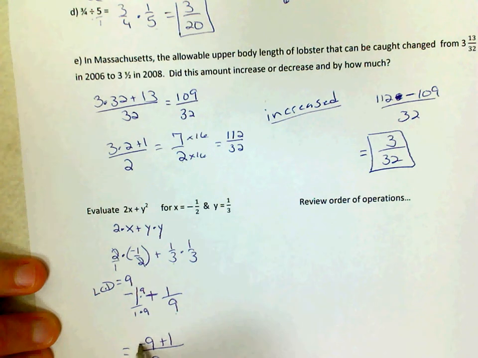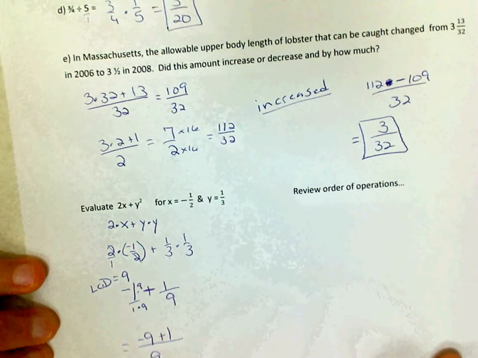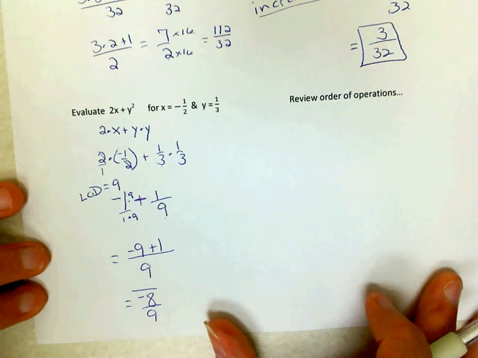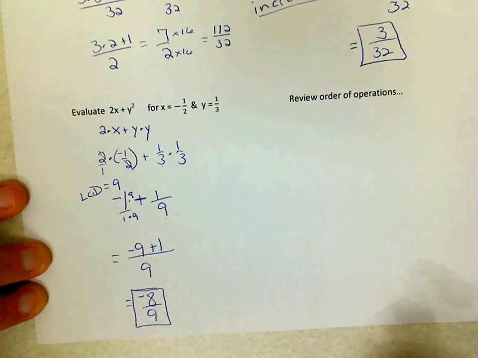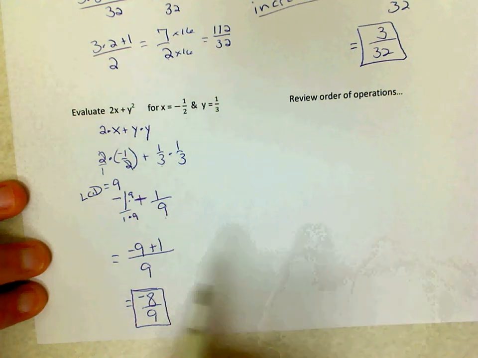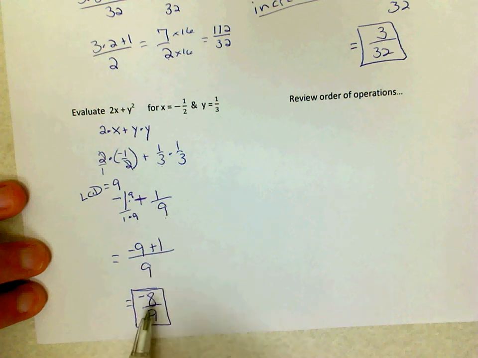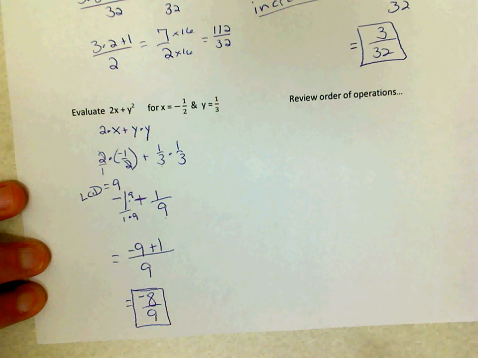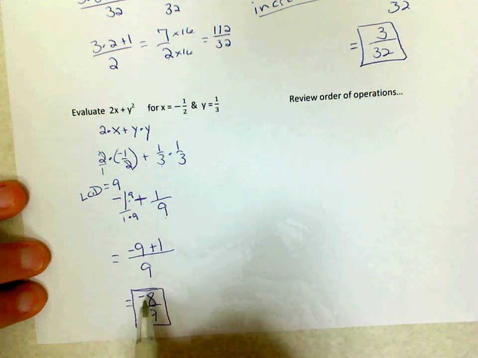Opposite signs, we subtract, and we keep the sign of the bigger number. Sorry, I ran out of the viewing window. So opposite signs, subtract them. So 9 minus 1 gives us an 8, and the bigger number has a negative in front of it, so our answer is negative. Another way to think of it is, if you owe $9 and you only pay 1, you still owe $8.